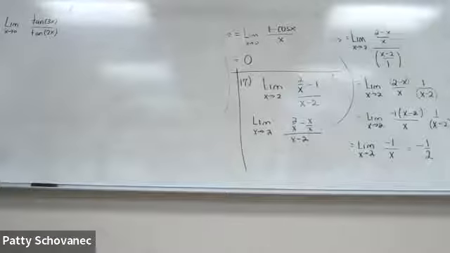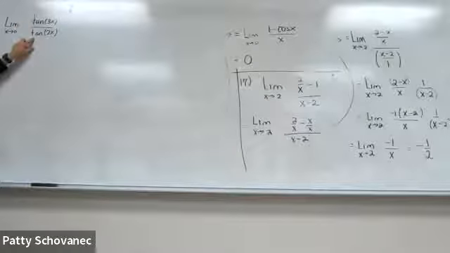And I don't have any special limits for tangents. My special limits involve sines and cosines. So let's jump and replace each of these with sines and cosines. Rewrite the tangent of 3x as the sine of 3x over the cosine of 3x.